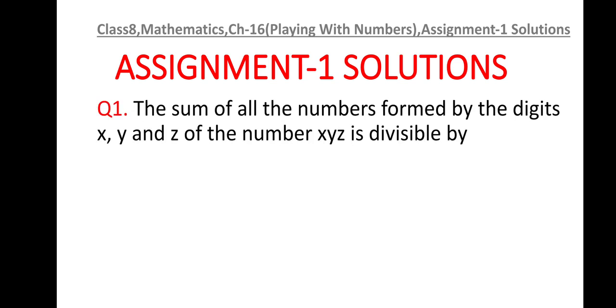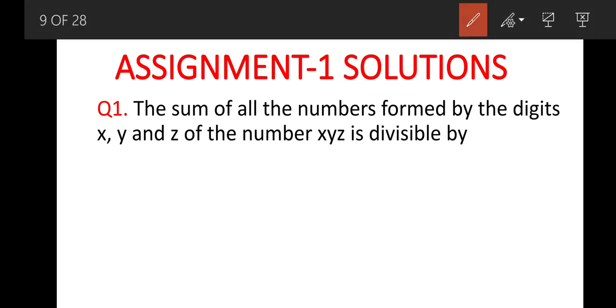Let us see question number 1. The sum of all the numbers formed by the digits x, y and z of the number xyz is divisible by? First of all, you need to find out which divisibility rule we will be using here. Dear children, we have read the concept of reversing the digits of a 3-digit number.